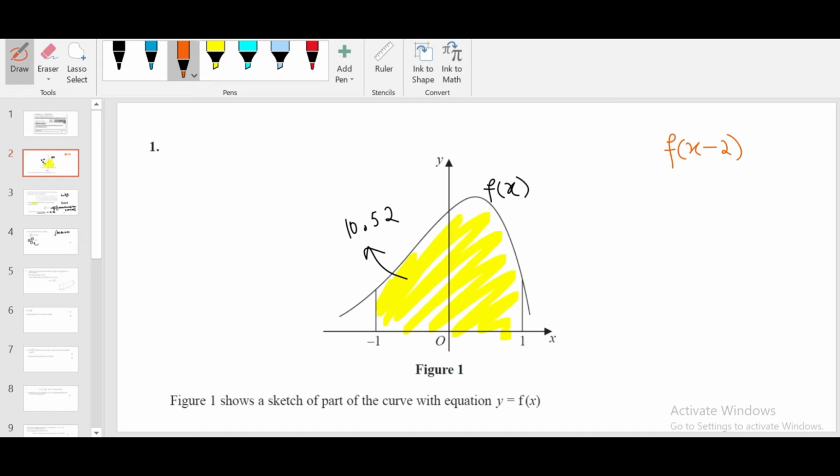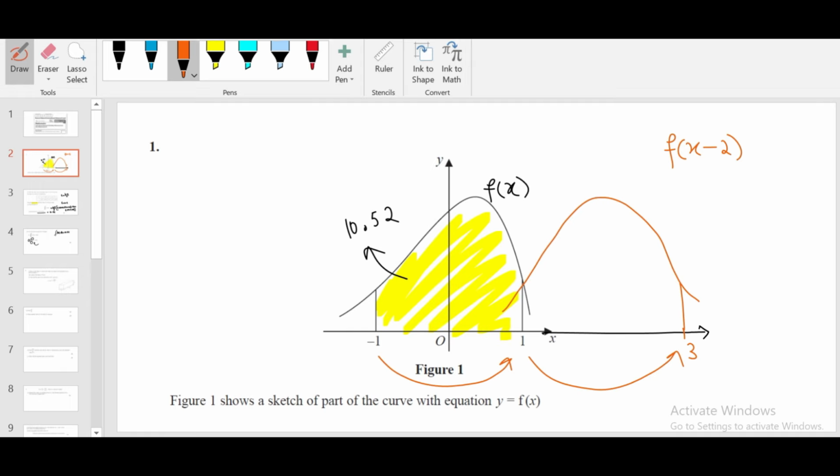If you replace x by x minus 2, the graph will be moved to the right side 2 units. So when you move the graph to the right 2 units, I'm going to extend the x-axis here. Minus 1 plus 2 comes here. 1 plus 2 becomes 3. So the graph would be like this actually.